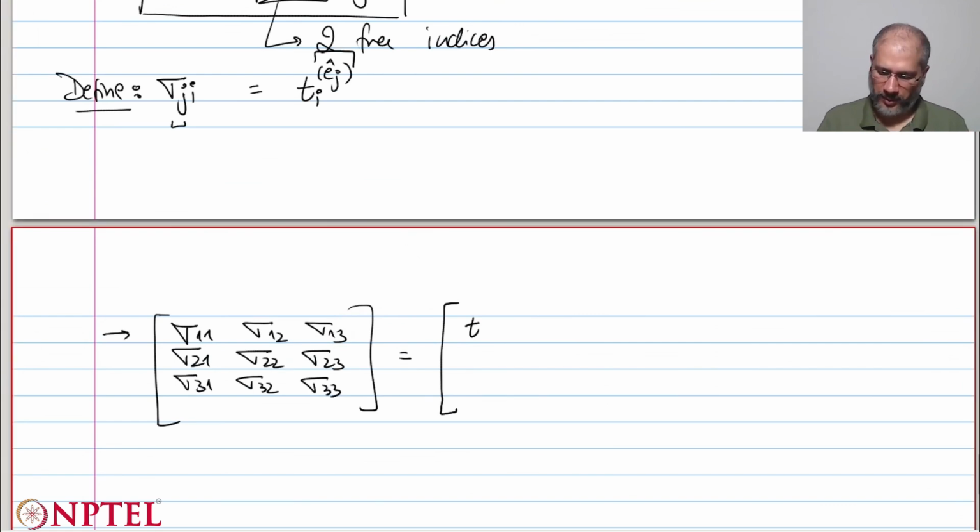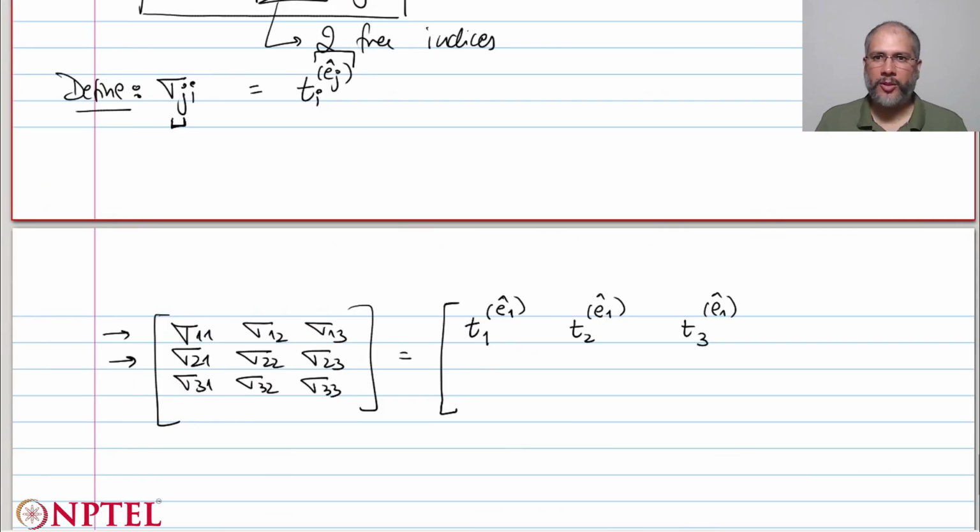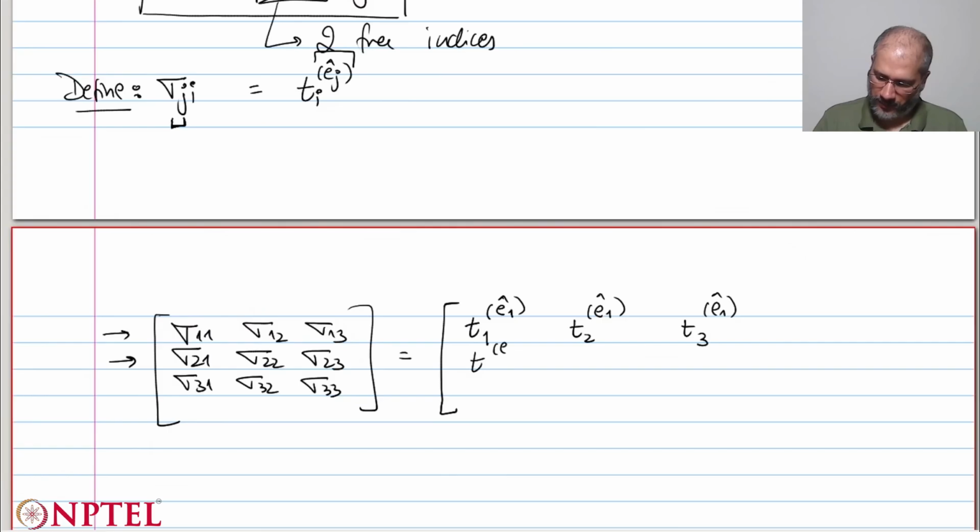So for the first row, we have T_1 E1 hat, T_2 E1 hat, and T_3 E1 hat. Then the second row of sigma, where the first index again represents the row number, and this coincides with the index of the E_j hat on the top. So this becomes T E2, and the other terms are like this.